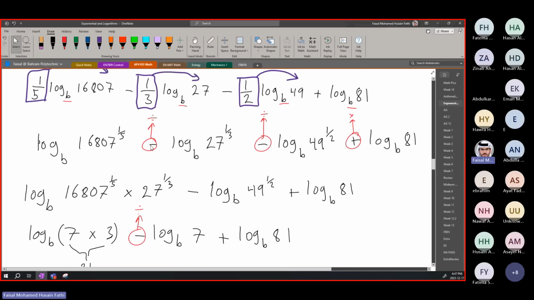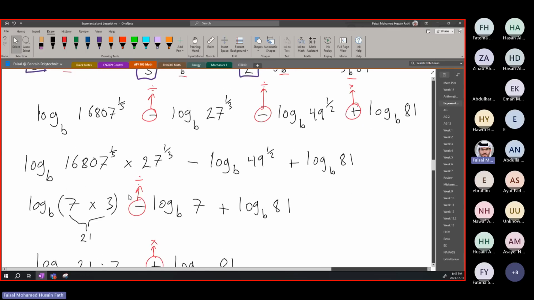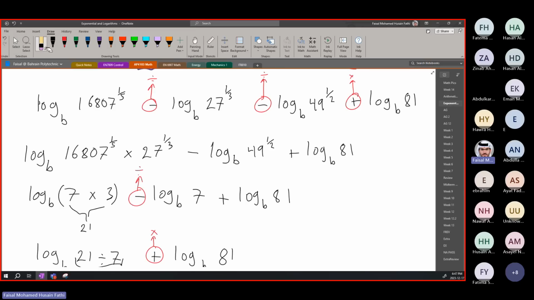This is minus. It's supposed to be division, but I did multiplication. You see, I even said division, but I did multiplication. So this is going to be division. So this is going to be 7 over 3.